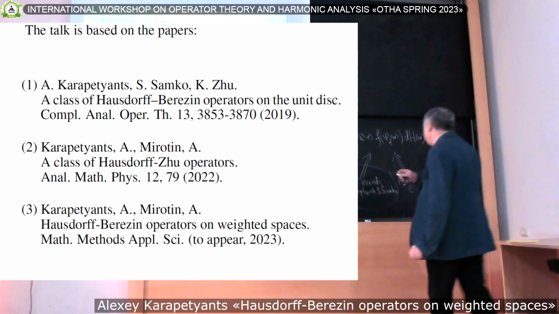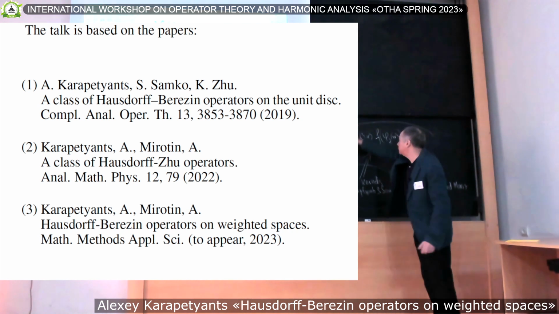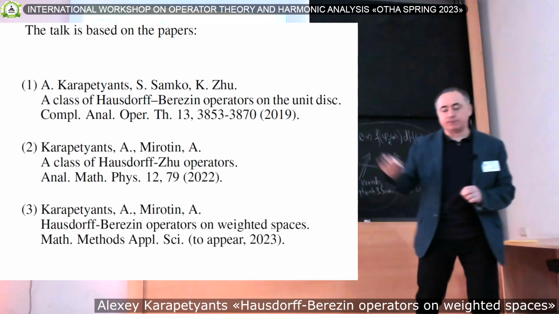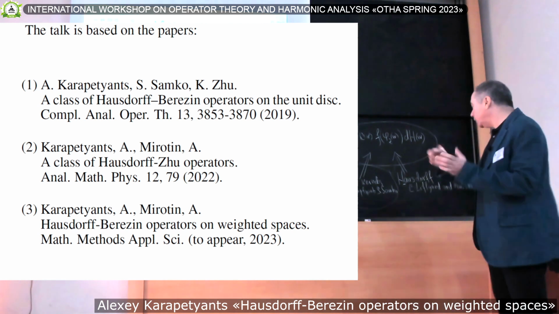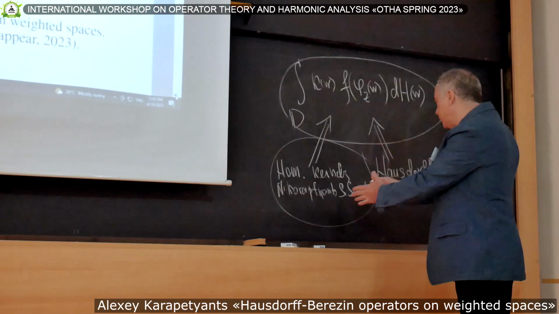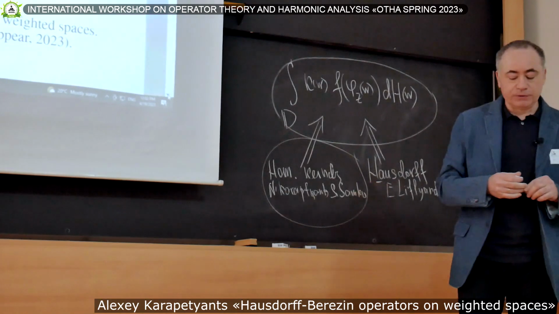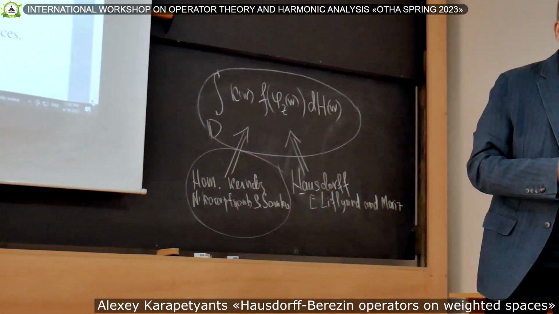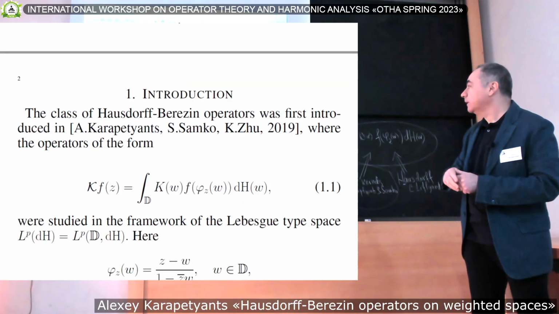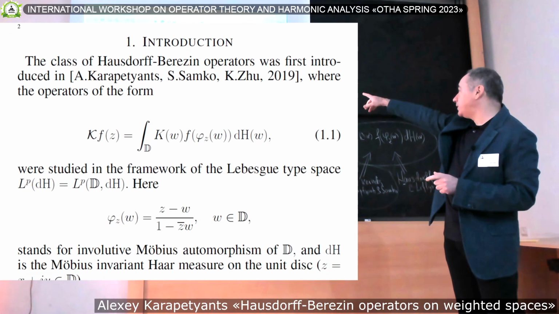That's how we came to this construction, because this construction possesses some invariance property, which is a feature for these operators and also for operators of Hausdorff type. Okay, so can we move? That's operator 1.1.